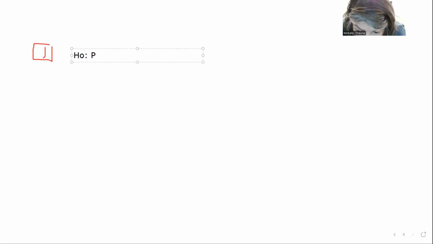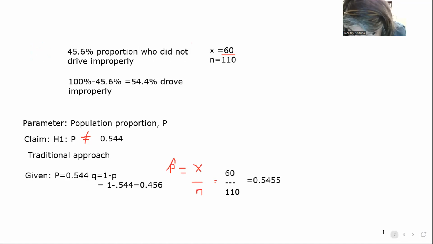It's going to be P is equal to, remember, it's the complement of 0.456. So that was 0.544. Okay, so this is 0.544. Okay, that's my proportion.